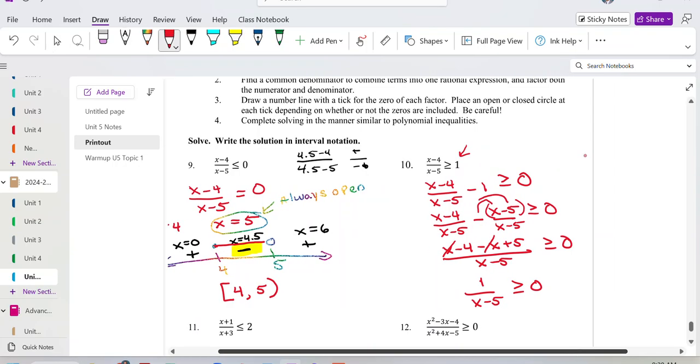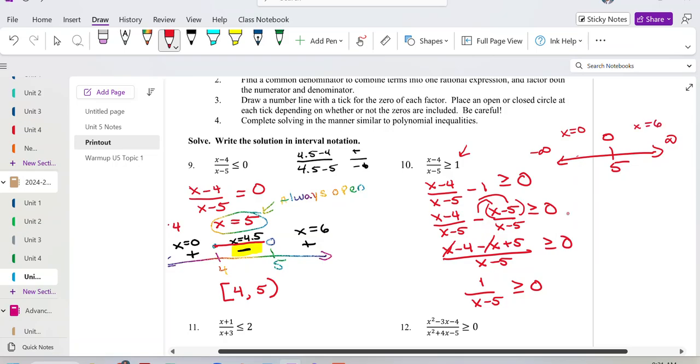There is no number that makes the numerator equal 0, but 5 would make the denominator equal 0. And remember, since it makes the denominator equal 0, it has to be an open circle. So let's choose numbers less than 5 and greater than 5, like 0 and 6.